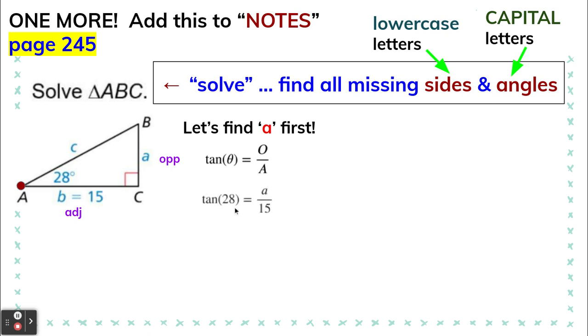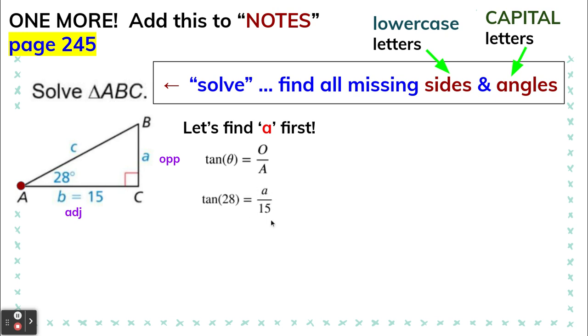So we're going to substitute the angle in for theta. That's an angle mark theta. Substitute 28 degrees. The opposite side is little a that I'm looking for, and the adjacent side is the 15 that was given. Okay, again, remember this is a number in the calculator. Again, make sure your calculator is in degree mode before you finish this problem.